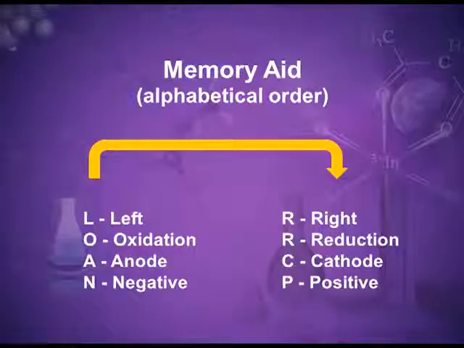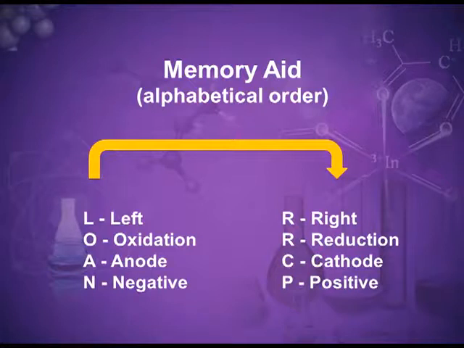Let me give you another memory aid. You can use either. That is the alphabetical order. Both the sides are written on the screen and you can see L is left, then its counterpart is right, and we know that R always comes after L when we write the alphabets in sequence.